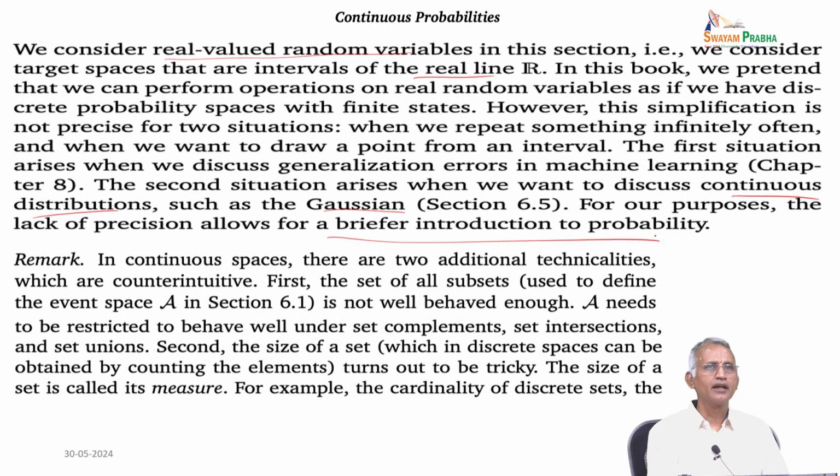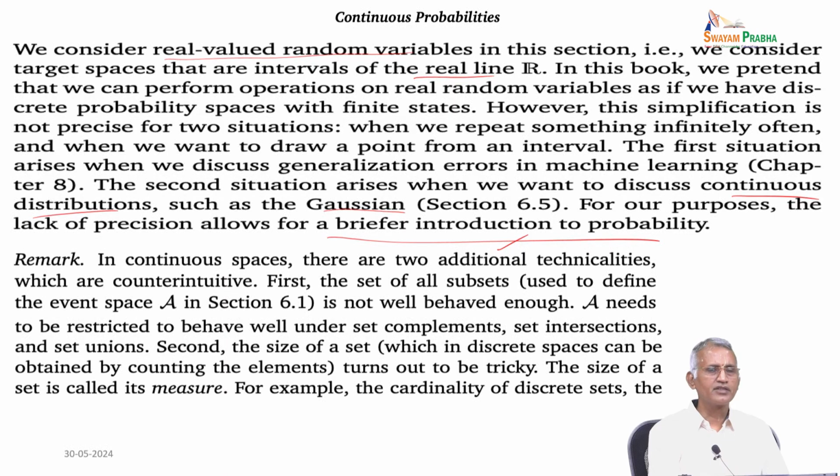Note that in continuous spaces there are two additional technicalities which are counterintuitive. First, the set of all subsets is not well behaved enough. It needs to be restricted to behave well under set complements, set intersections and set unions. Second, the size of the set turns out to be tricky, and the size of a set is called a measure.